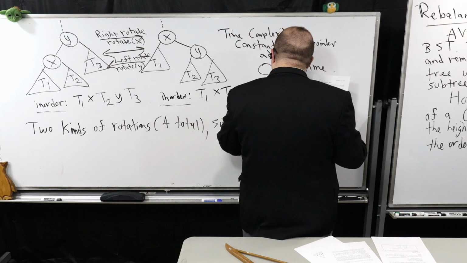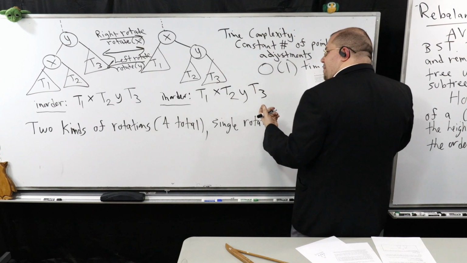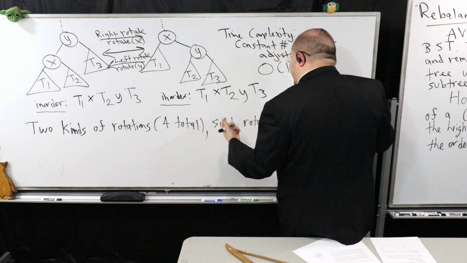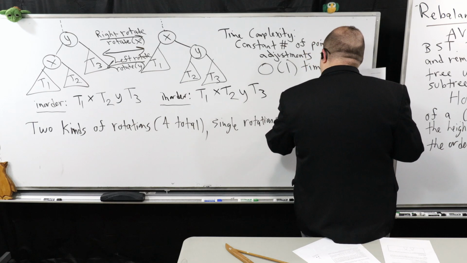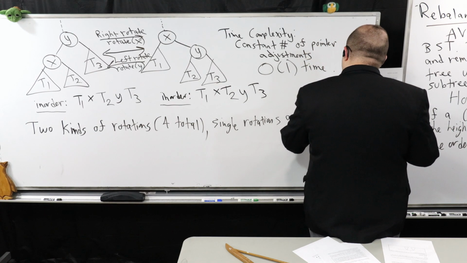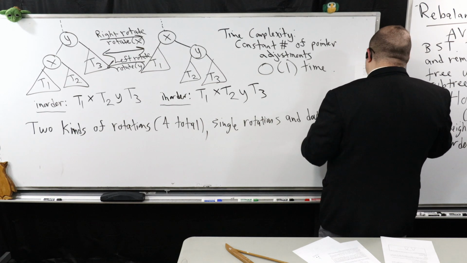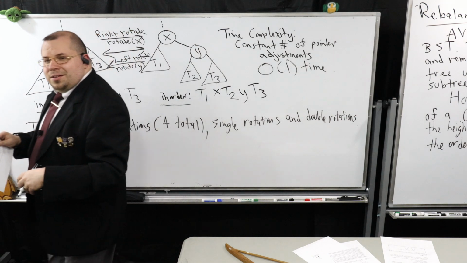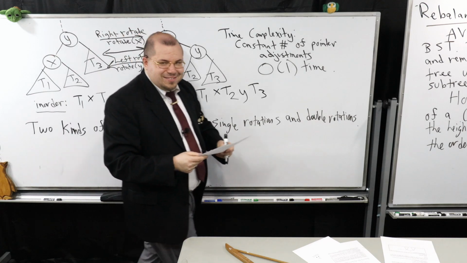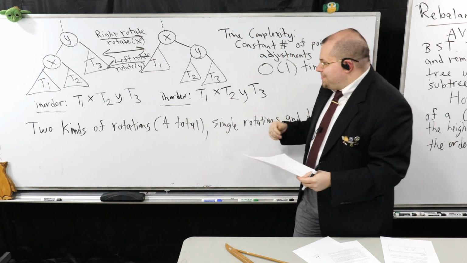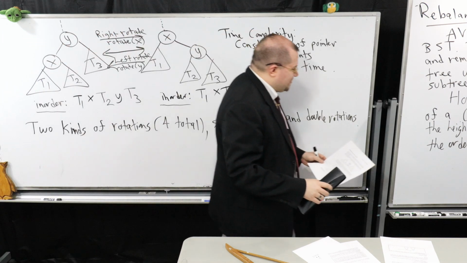For example, our simple rotation is an example of a single rotation, but we have a very specific case we're going to be looking at with the AVL tree. I must stress that I will expect you to know how to perform these operations. Keep in mind, we will see examples of doing this.